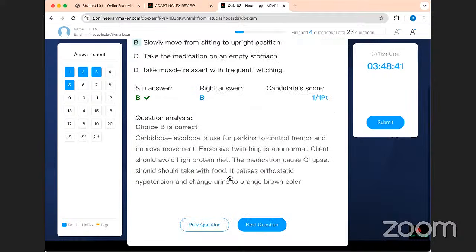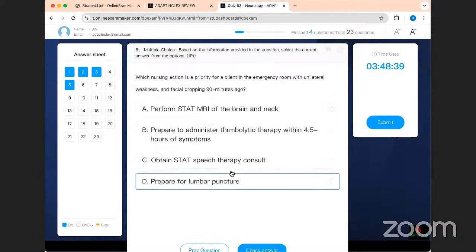And I give you the next one. Which next action is a priority for a client in the emergency room with unilateral weakness and facial drooping 90 minutes ago? Go for the buzzword, guys. Go for the buzzword. What is the buzzword? Facial drooping, unilateral weakness.